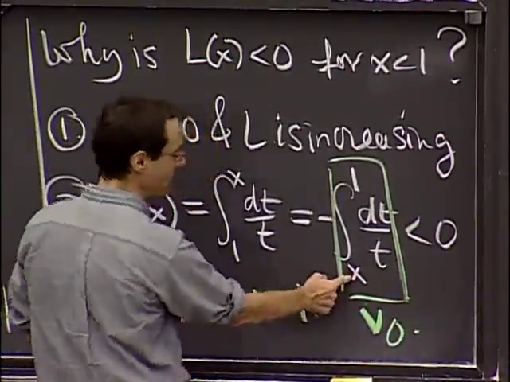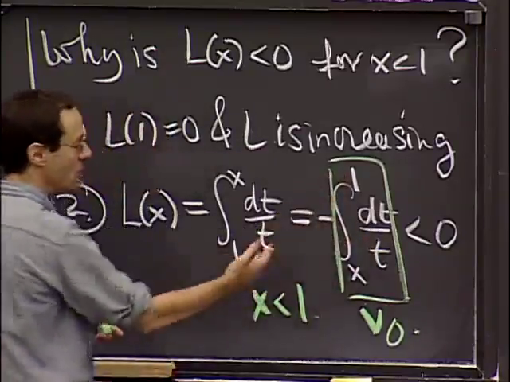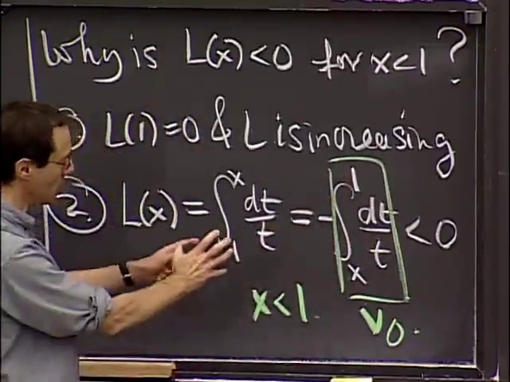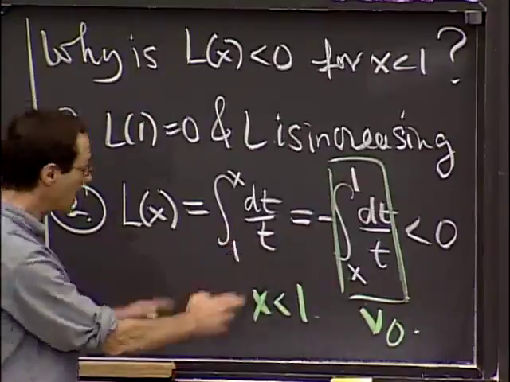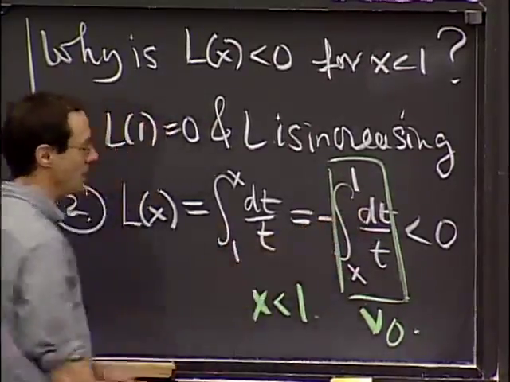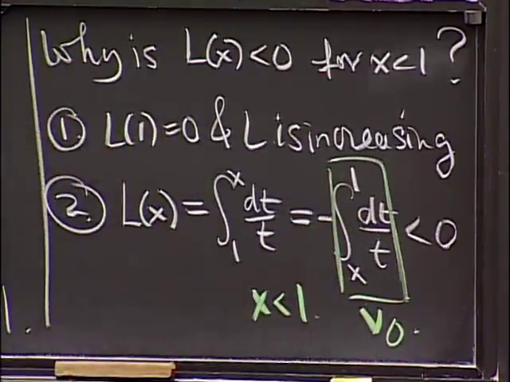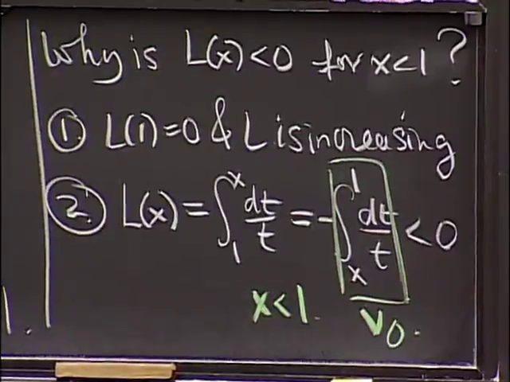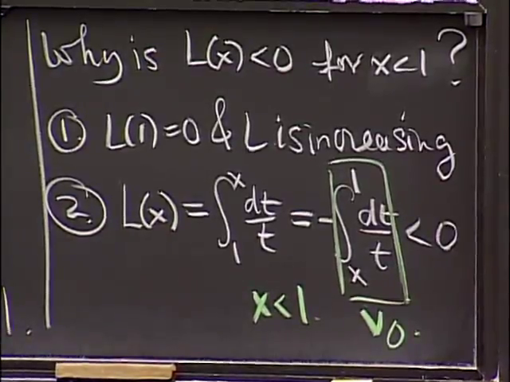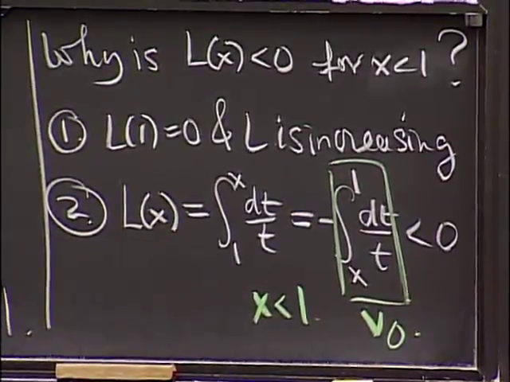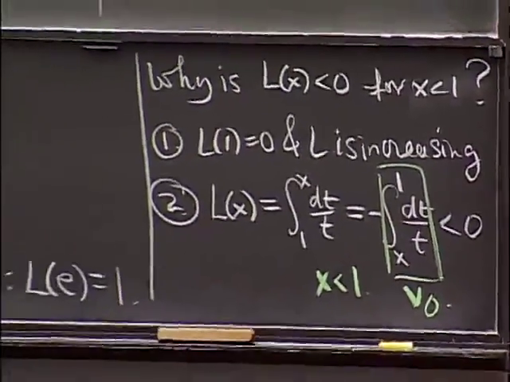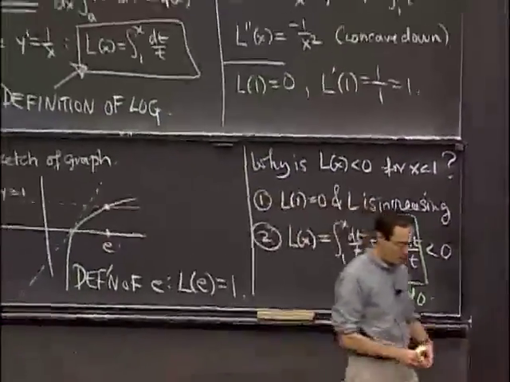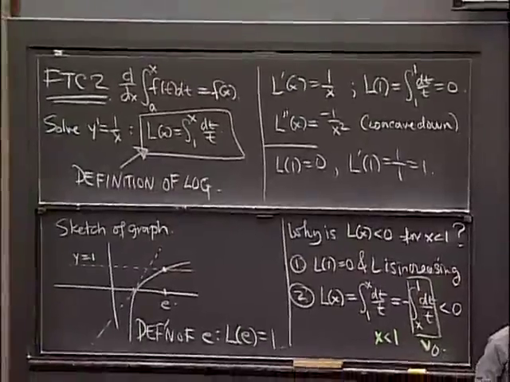So the lower limit is less than the upper limit, and so the thing in the green box is interpreted as an area. It's an area, and so minus a positive quantity is negative. All right, so both of these work perfectly well as interpretations, and it's just to illustrate what we can do.